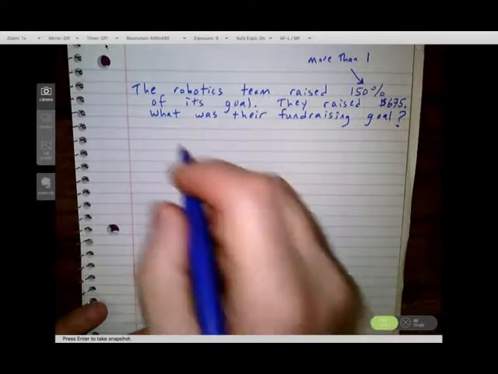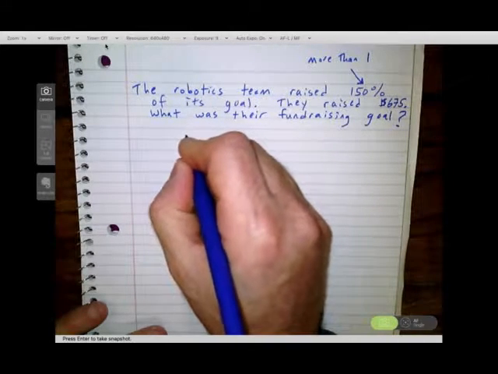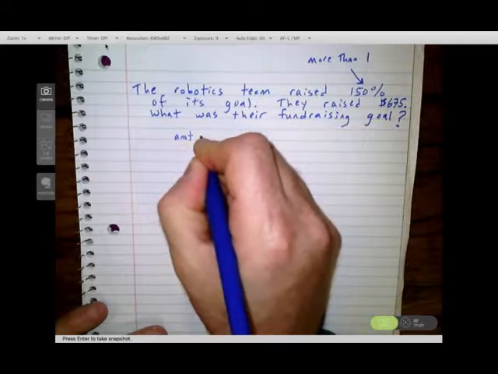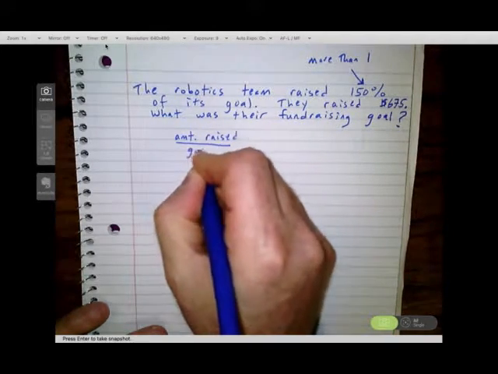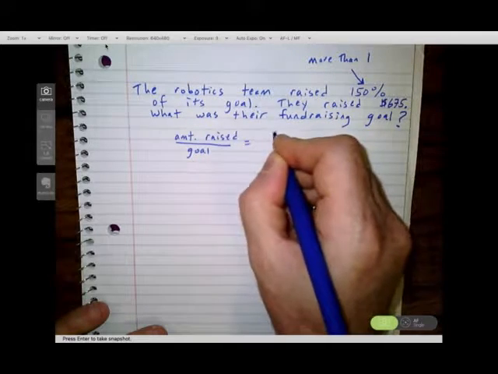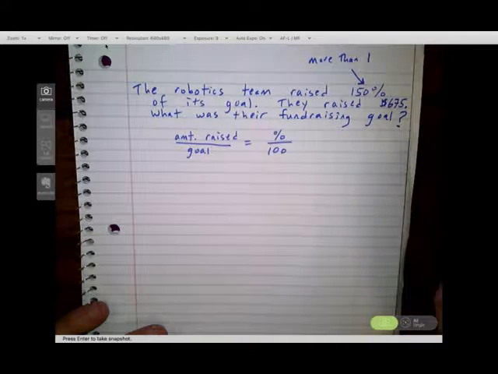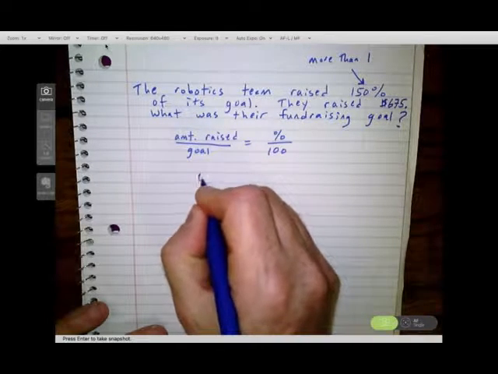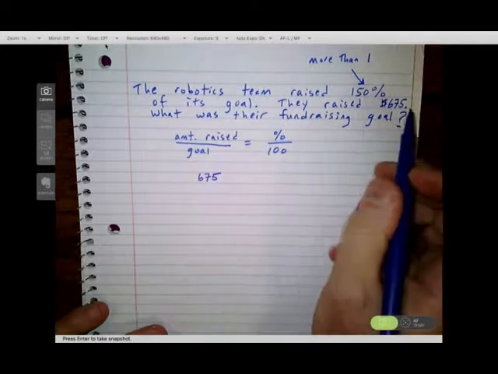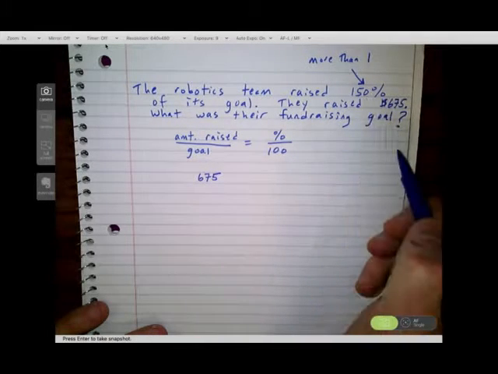So here's the way this one's going to work. It's going to be the amount raised over the goal equals the percent over 100. Same thing as far as making a proportion and solving it. So they raised $675. In this case, it's really great that they raised more than what they were trying to raise.